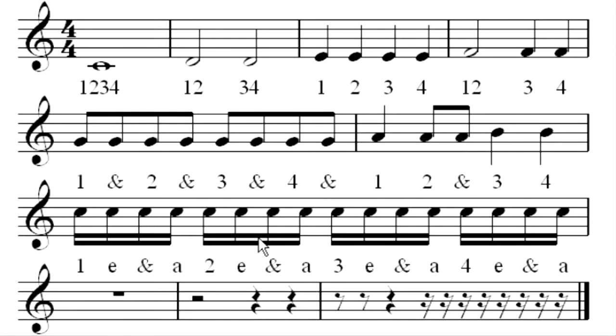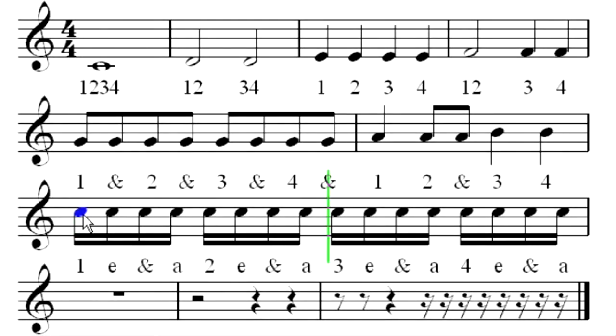The eighth notes have flags that connect them, in contrast to the quarter notes which do not have flags. Then we have the 16th notes, which have a double flag and divide the measure of 4 beats into 16 little parts. So it sounds very fast.